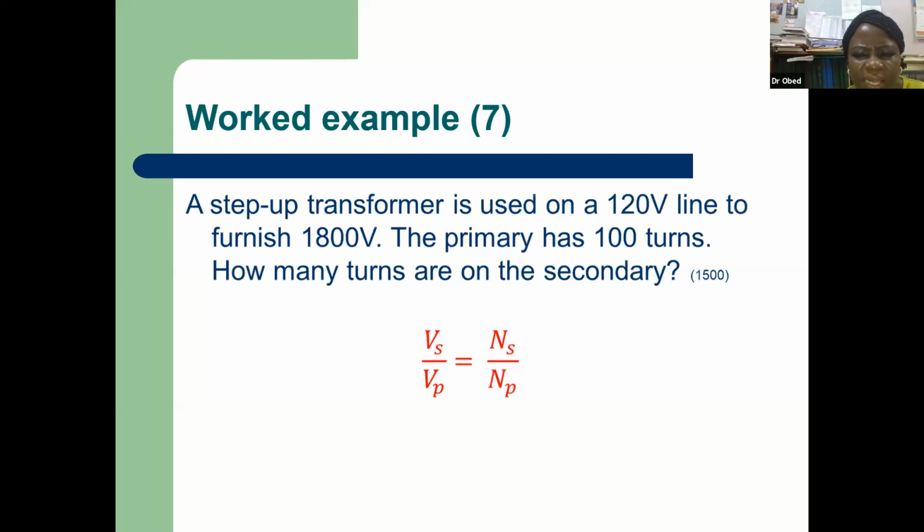How many turns are on the secondary? The answer is 1,500, but this is the formula you use. Use this formula, work it out, and you should get this answer, with the correct unit: turns. Okay, no unit.